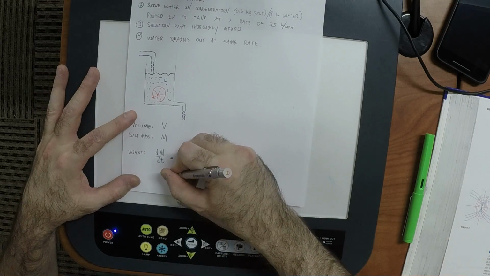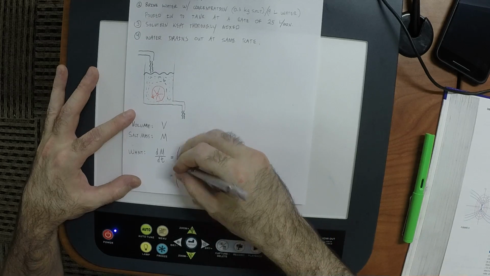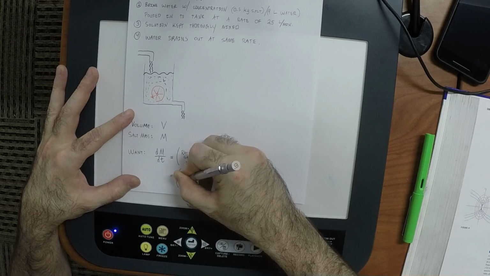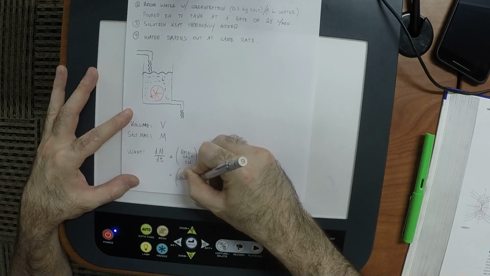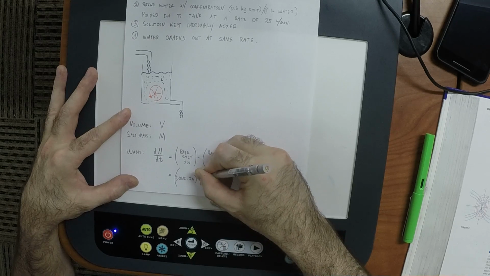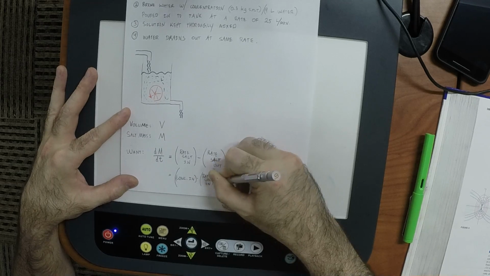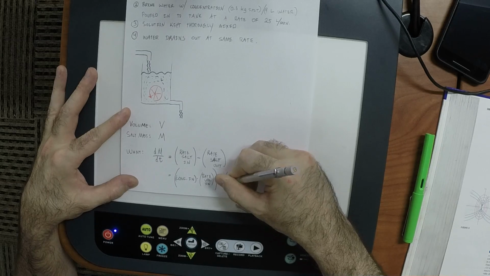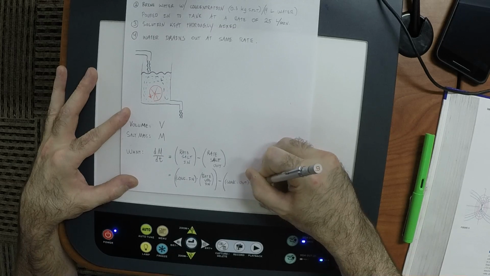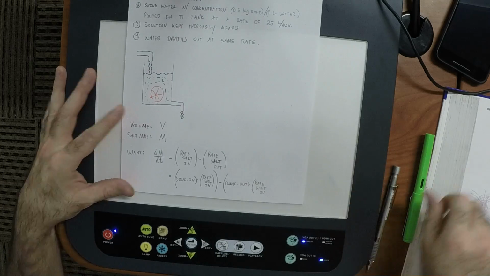If it's going to be the rate of salt in minus the rate of salt out, this first factor should be the concentration coming in multiplied by the rate of volume in, and this one should be the concentration going out multiplied by the rate of volume going out.